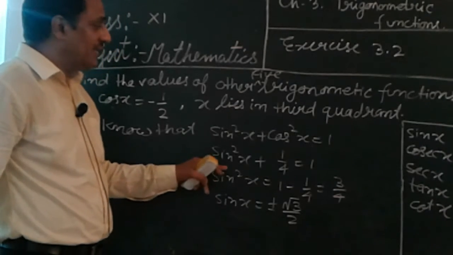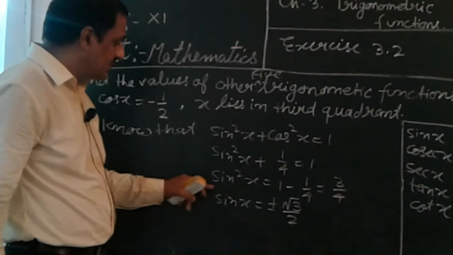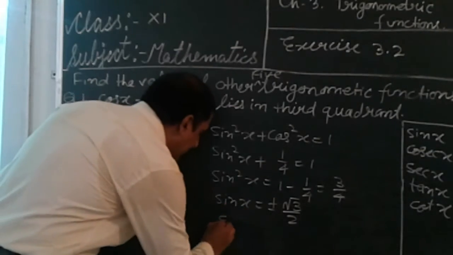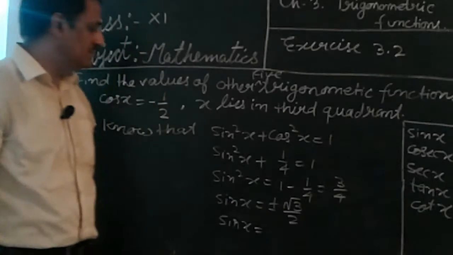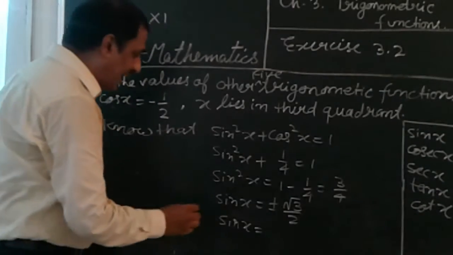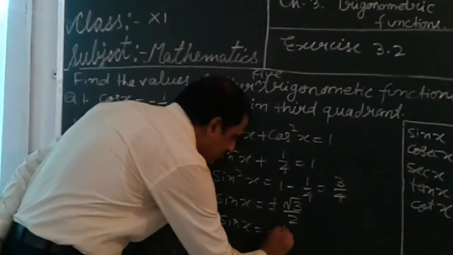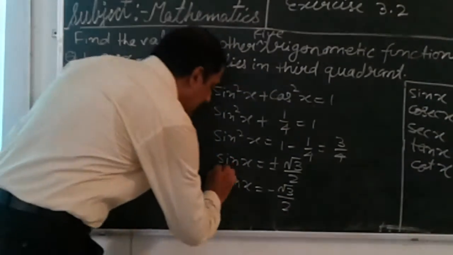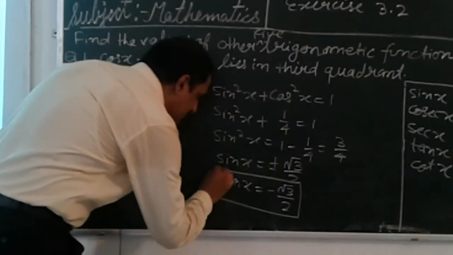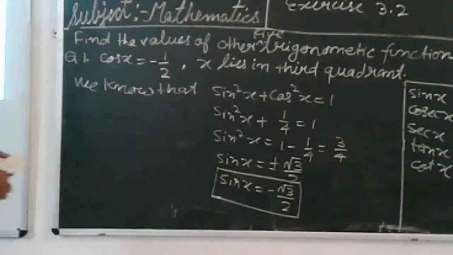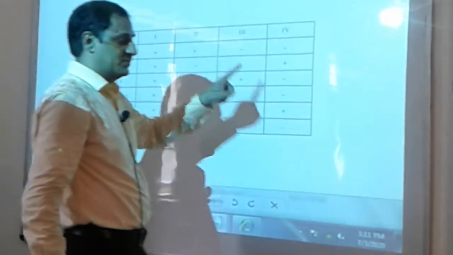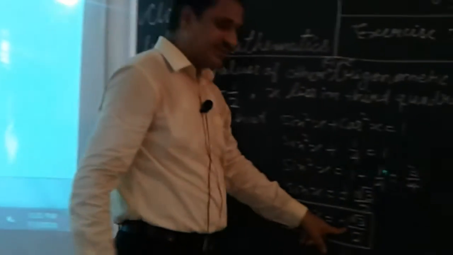As we know, the sign of sin x in the third quadrant is negative, so we will prefer the negative sign. Sin x is equal to minus root 3 by 2. This is the value of sin x.